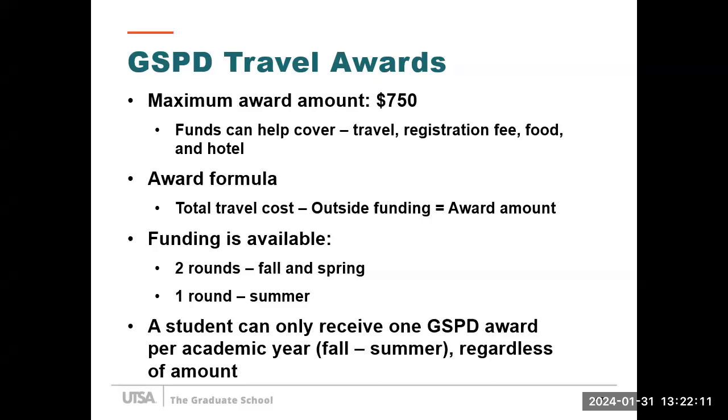So if you win $1,200, your department gets $1,200. So it is incentivizing the departments and the faculty to get their students to participate in the 3MT. It's a good deal. You get $1,200 in pocket, and they get $1,200 to use for their own travel, but for students. So it's a win-win.